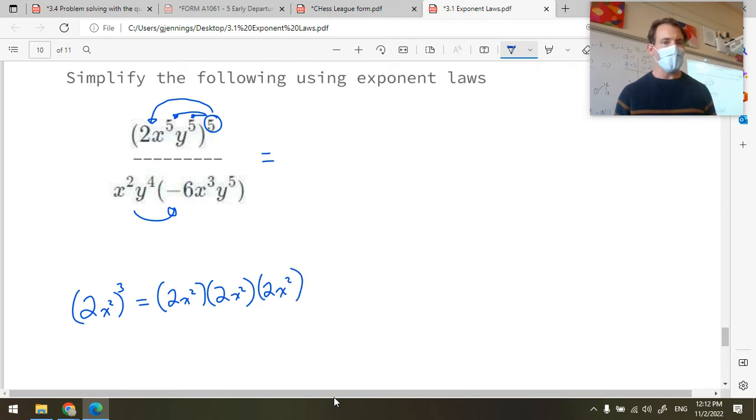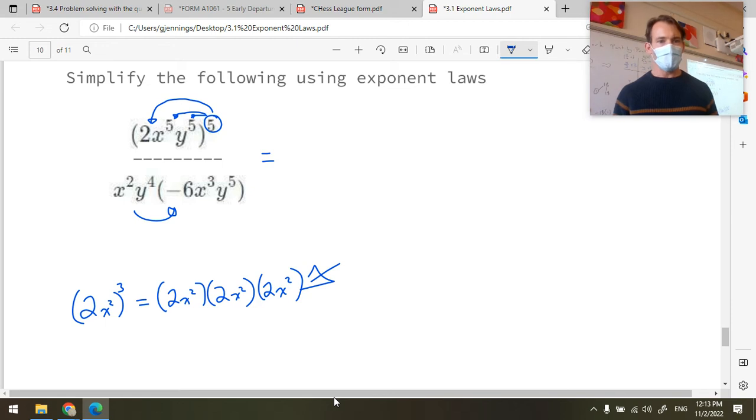See how the number and the power are getting cubed. So it's 2 times 2 times 2 times x to the 6 in that case. Okay? So I'm going to use this logic. I don't have the patience to write that out 5 times though. I'm just going to use exponent laws.